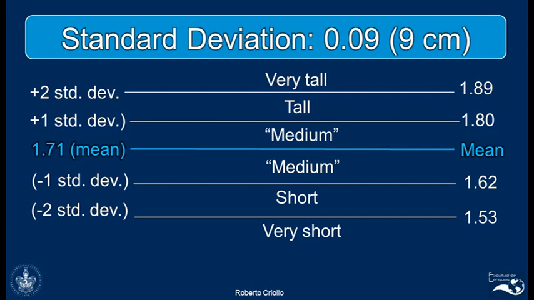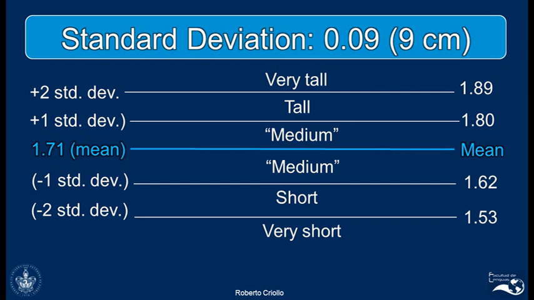On the other hand, if we go to the bottom part, minus 1 standard deviation is 1.62. So people below 1.62 are going to be considered short. In the same way, if we take 2 standard deviations below the mean, we have 1.53.